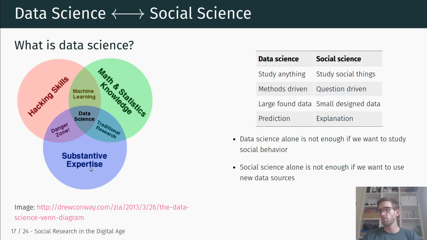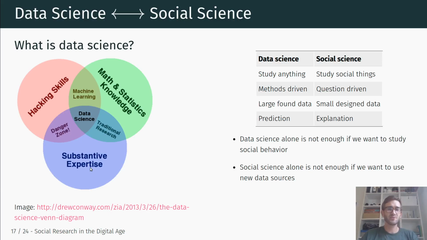So if we compare data science and social science in this context, data scientists in general could basically study anything. And usually, data science research is very methods driven, and it focuses on large found data, but specifically, it's usually focused on prediction. The focus for social scientists is usually a different one.